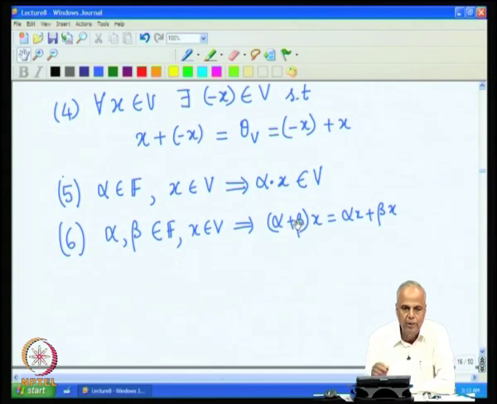Alpha and beta are field elements, so this is the addition in the field F. We see an addition on the right hand side. This is adding alpha x and beta x. Alpha x is an element in V, beta x is an element in V. So, the right hand side addition is plus in V. So, now the plus in F has been converted to a plus in V. So, this is a relation which combines the addition operation of the field with the addition operation of the V elements.